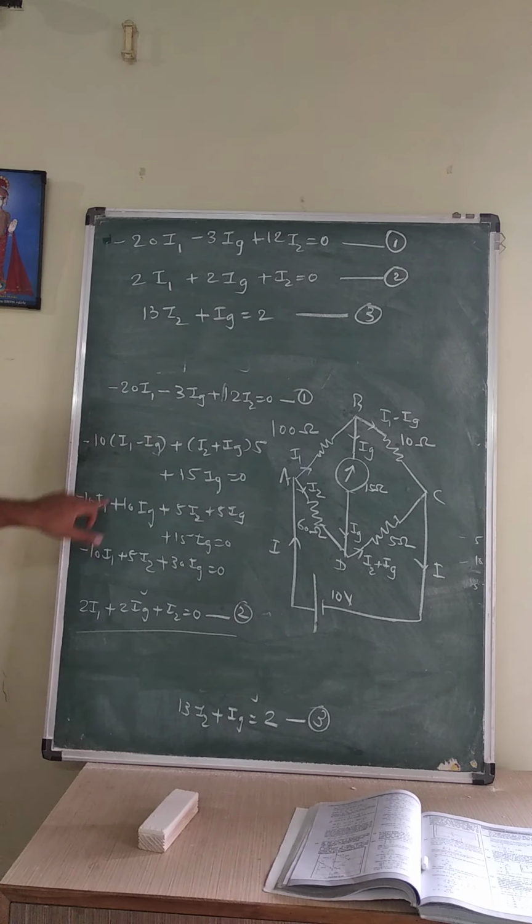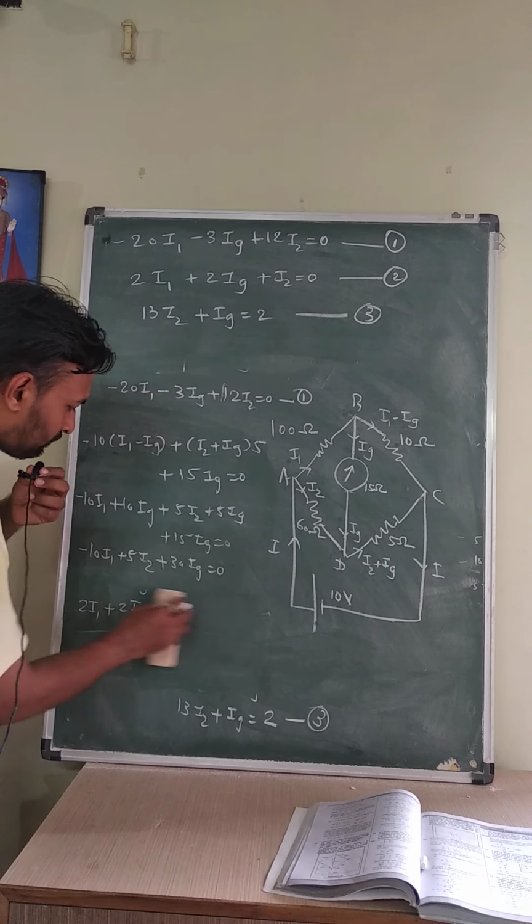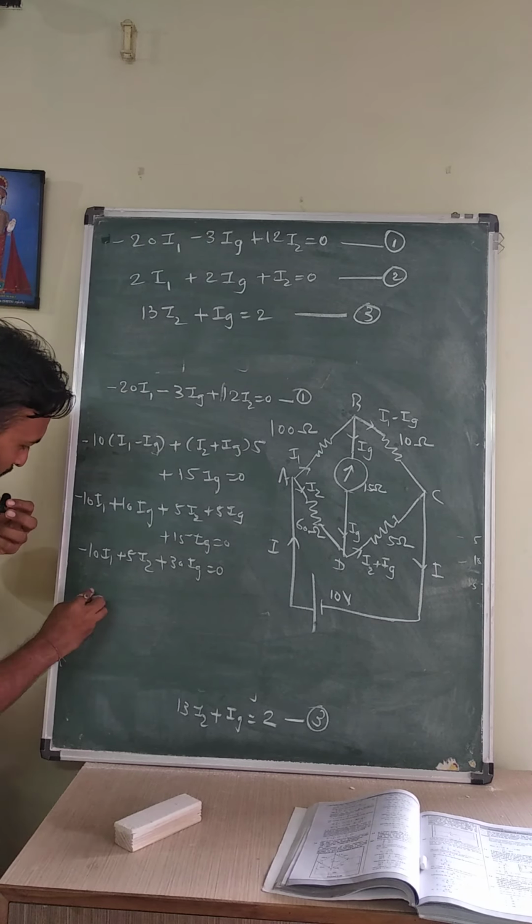So minus 10 I1 plus 10 Ig plus 5 I2 plus 5 Ig plus 15 Ig equal to 0. So it will be minus 10 I1 plus 5 I2 plus 30 Ig equal to 0. Dividing by 5, minus 2 I1 plus I2 plus 6 Ig equal to 0.